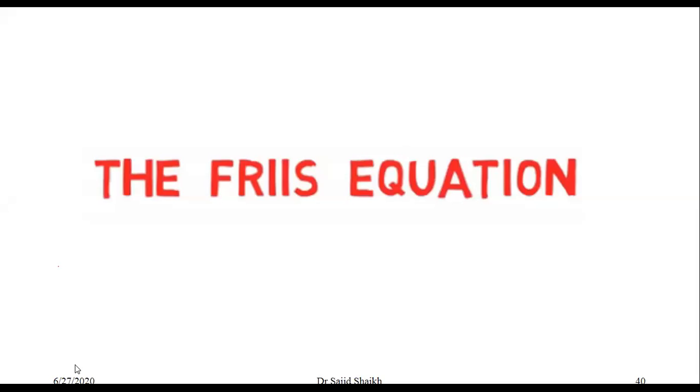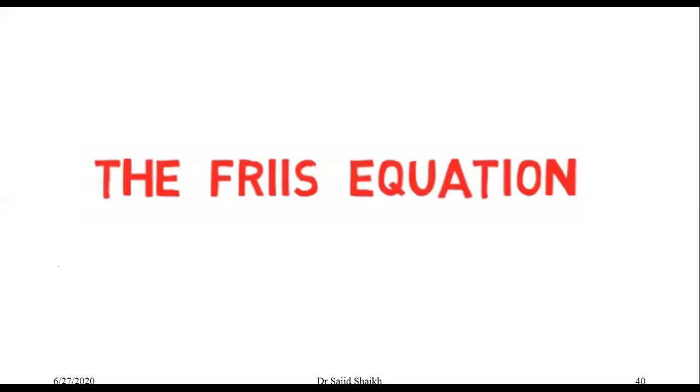So see, Friis equation is a very basic, fundamental equation when we are talking about electromagnetic wave propagation. What this Friis equation gives us is the relationship between the transmitted power and received power.